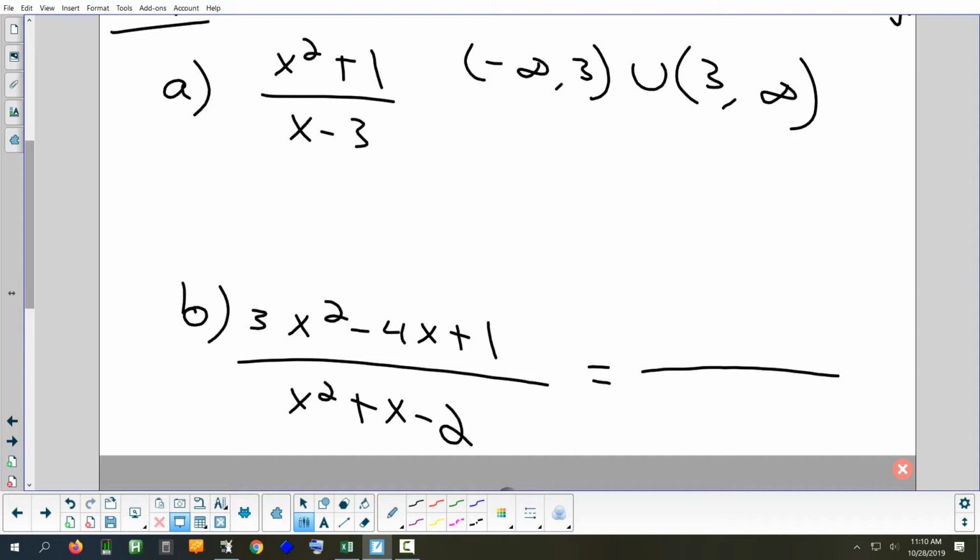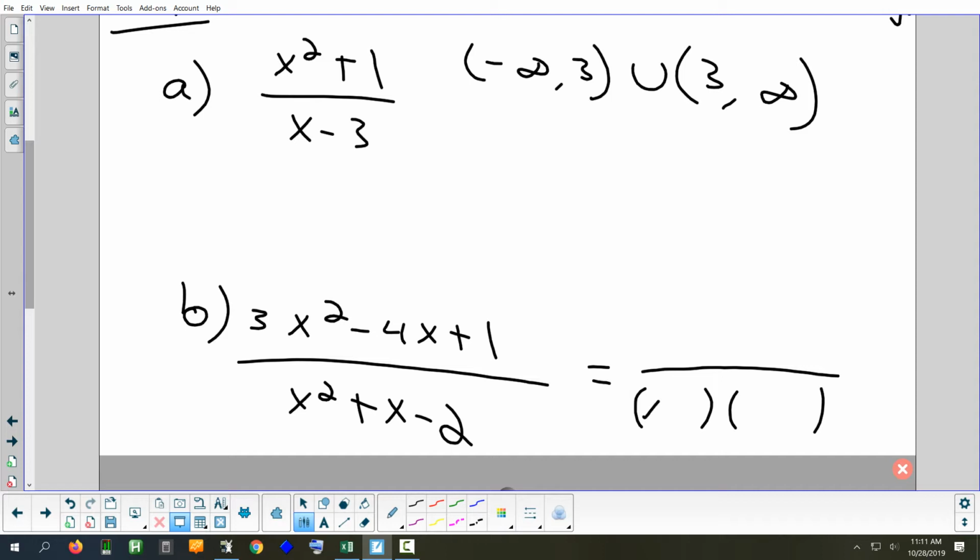Anyone know what I'm going to want to do to the bottom? Yep. We're going to want to factor it, because factoring makes it easy to find the zeros. If this doesn't factor, it's a quadratic, you're going to have to use the quadratic formula and find the answers that way. But hopefully it factors.